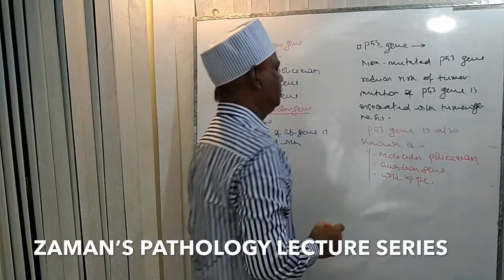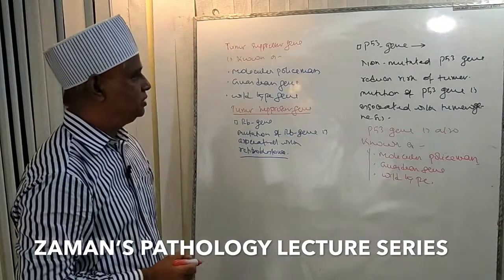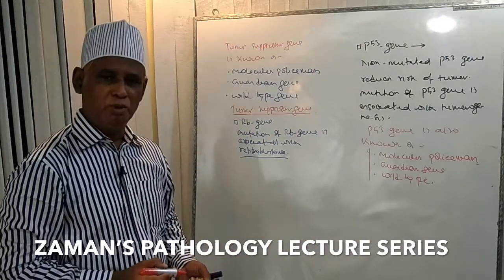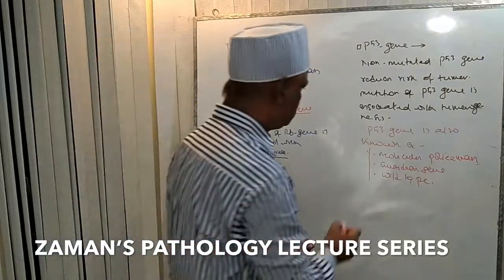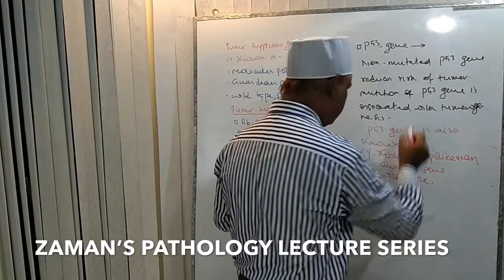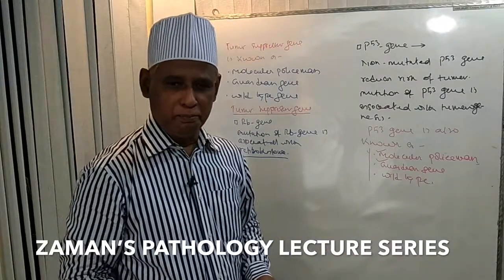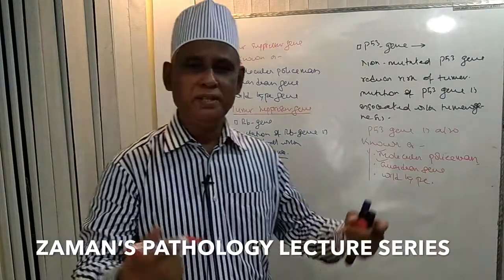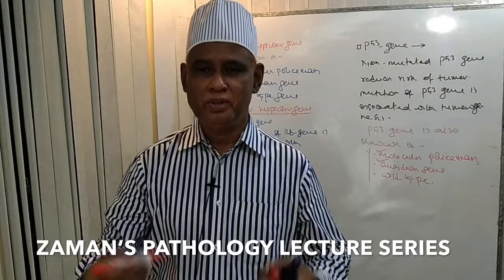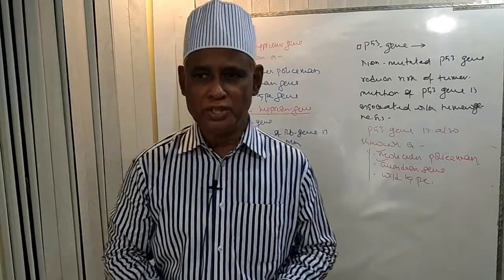This gene reduces the risk of tumorigenesis. So it is known as molecular policeman, guardian gene, and wild type gene because this gene reduces risk of tumorigenesis.